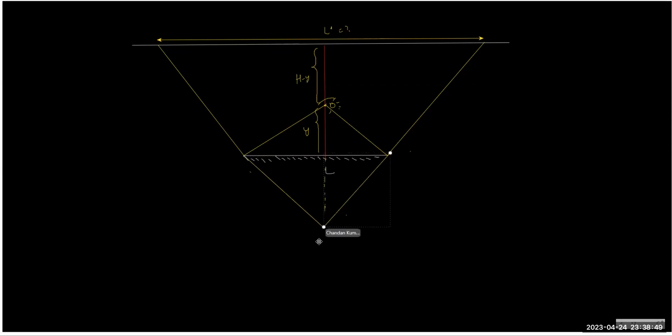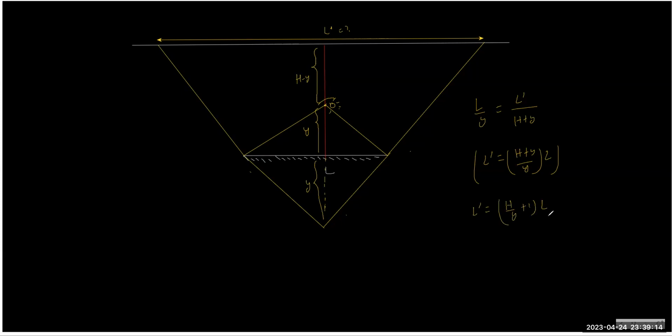Apply the similar triangle. So L by y is the same as L dash by h plus y. So L dash is (h by y plus 1) into L. I hope this is clear.